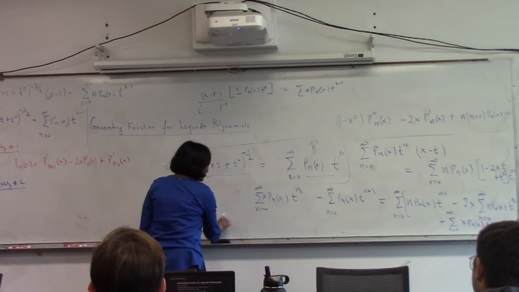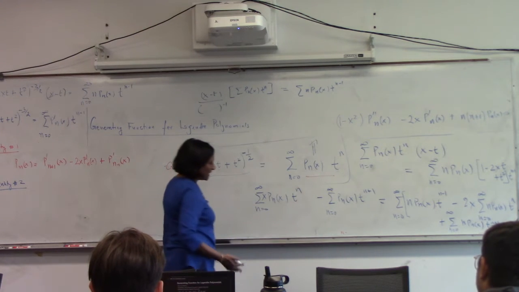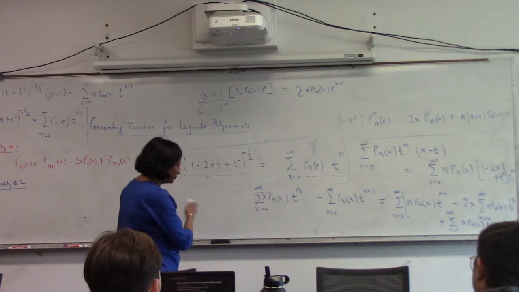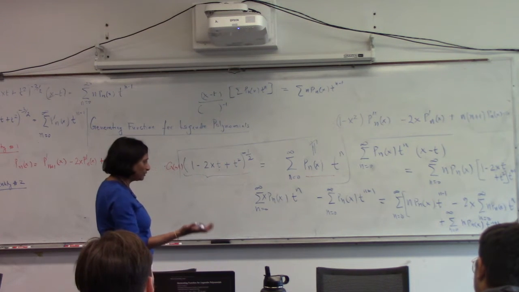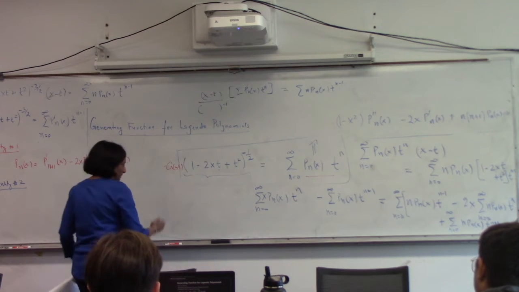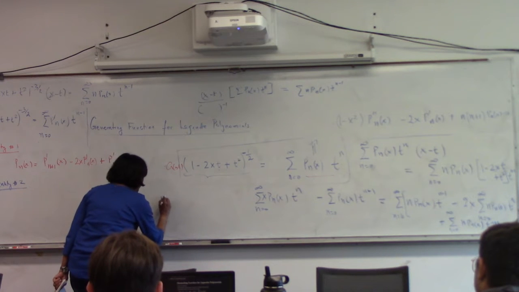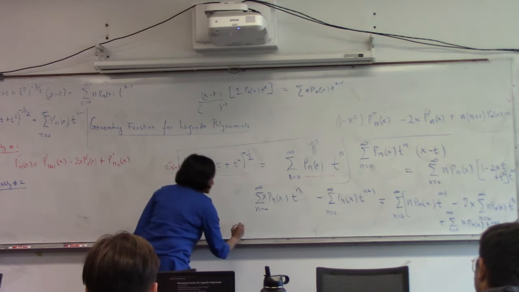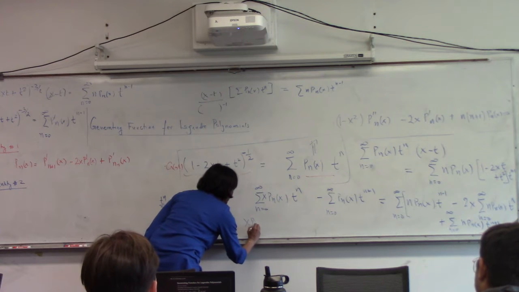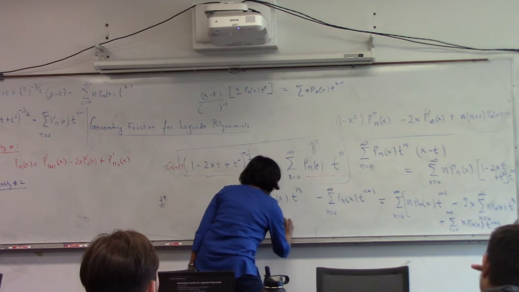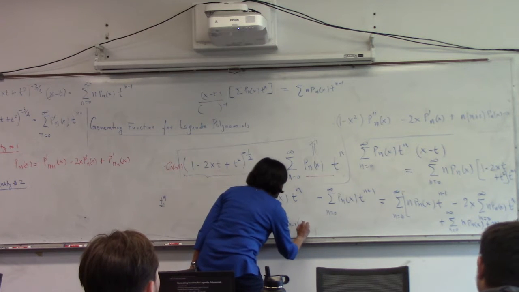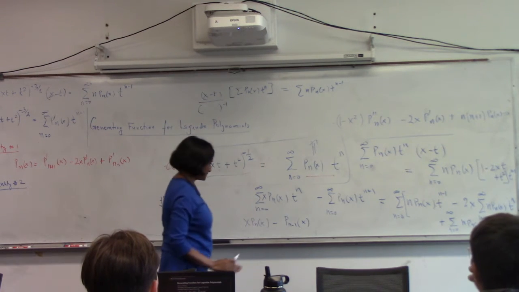So what do we have? Doesn't matter which one you pick, we can always put it in a different form. Should we compare the coefficient of t to the power of n on both sides? If you did that, then what do we get? The first term is x p sub n of x, right? Here it will be negative p sub n minus 1 of x, okay?